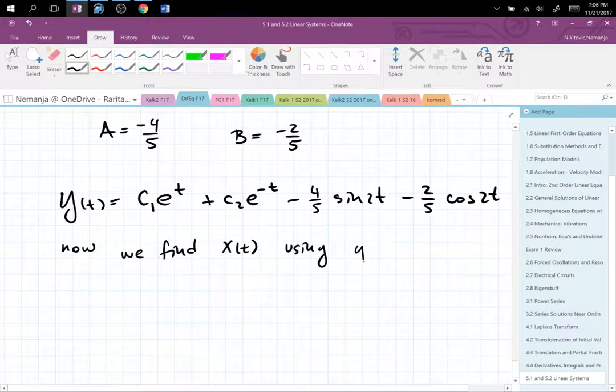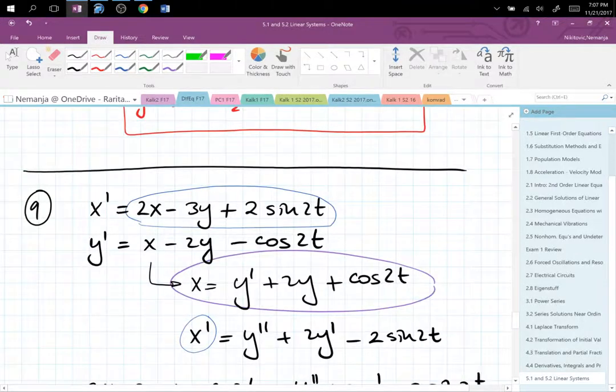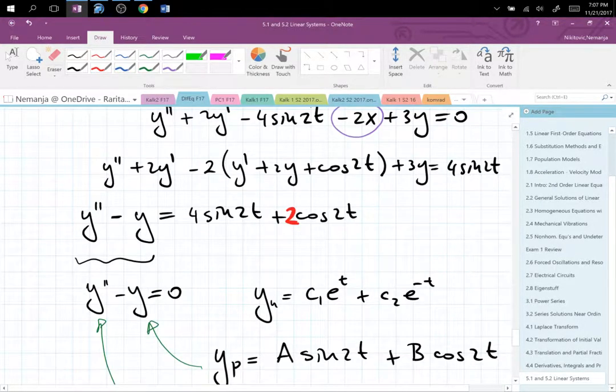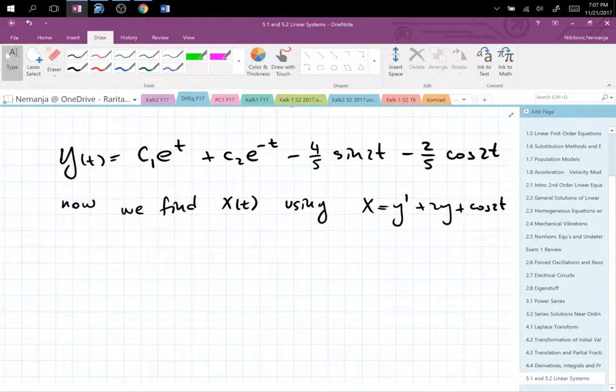X equals y prime plus 2y plus cosine 2t. That was it, right? Nothing else. Just that. Yep, good.